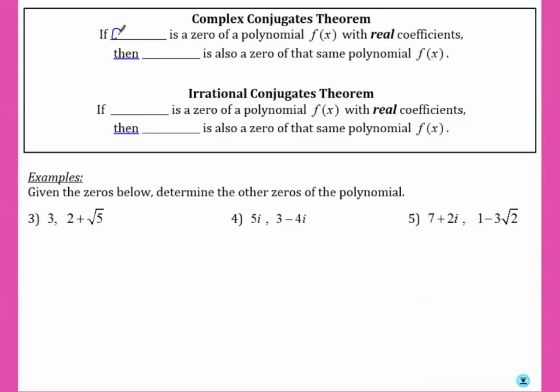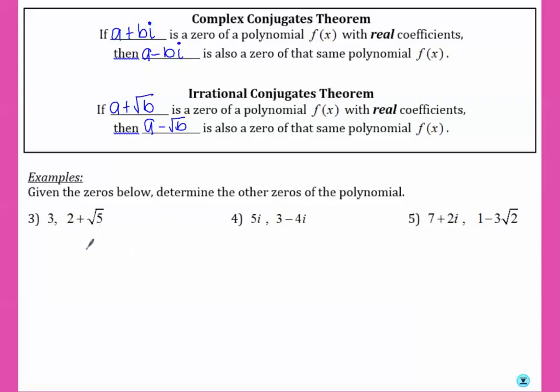So we know if a plus bi is a 0 of our polynomial, then a minus bi will also be a 0 of that polynomial. Similarly, if a plus the square root of b is a 0, a minus the square root of b is also a 0.